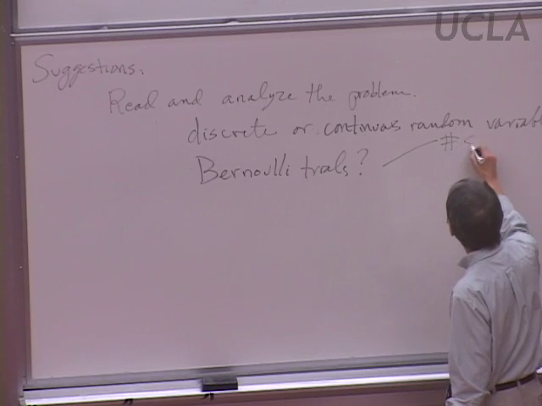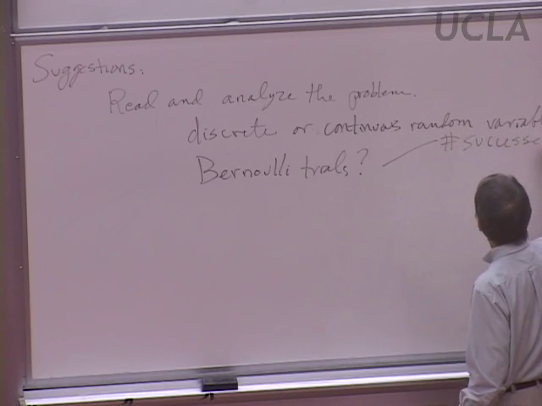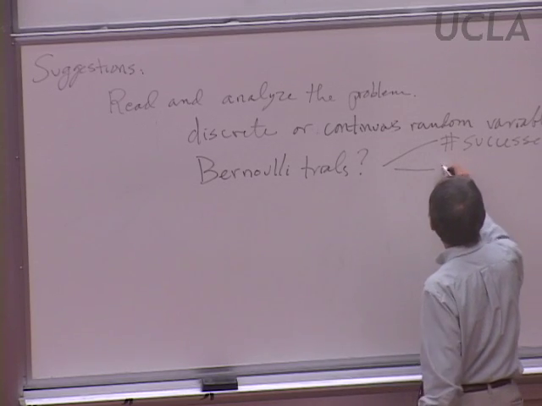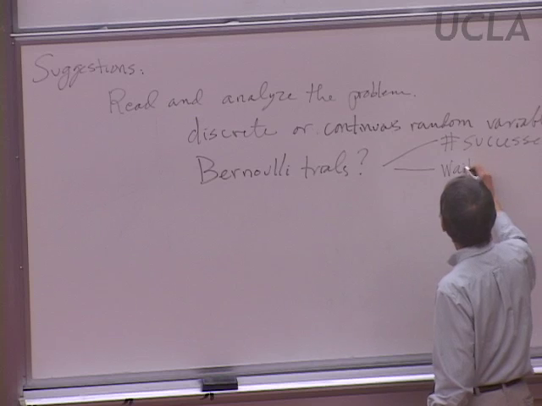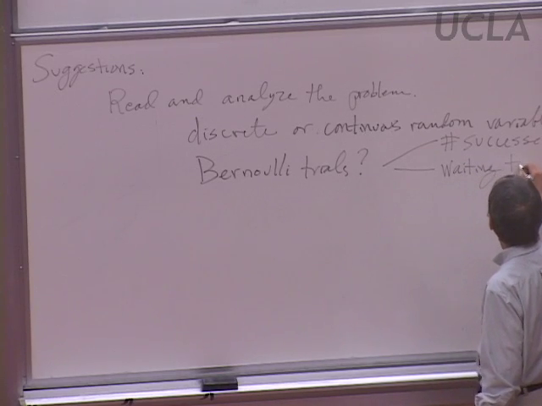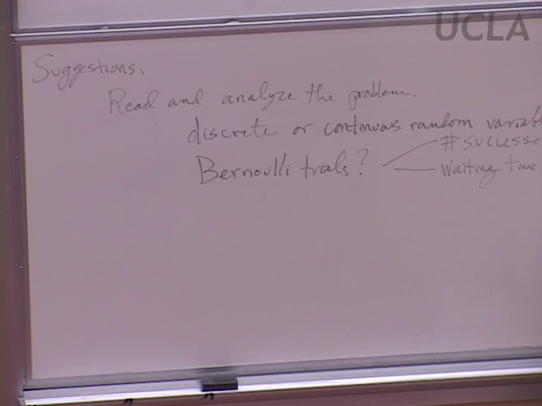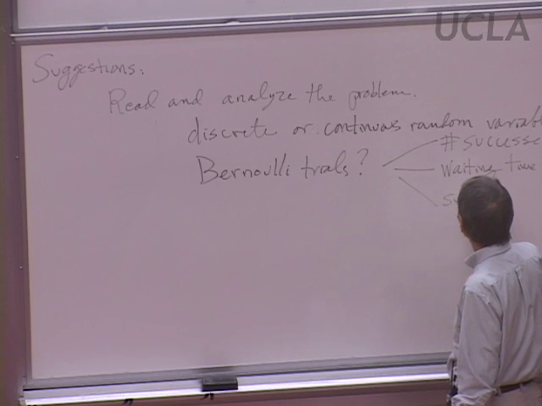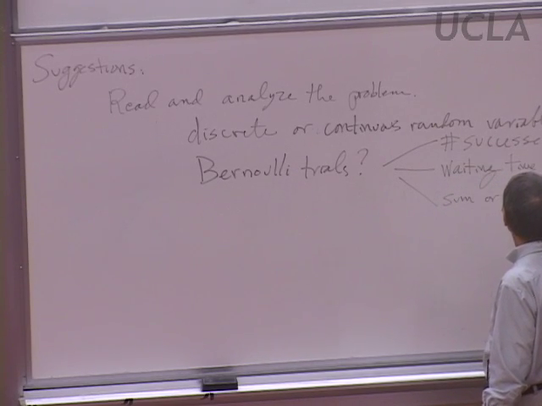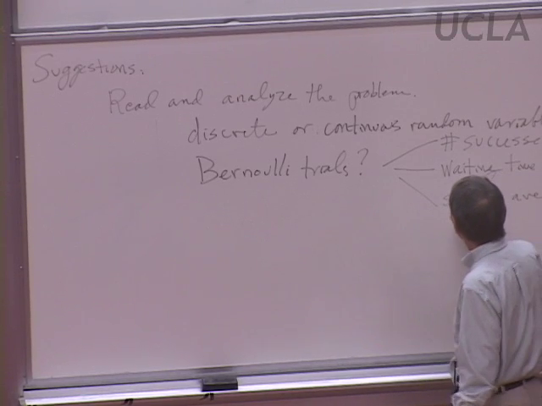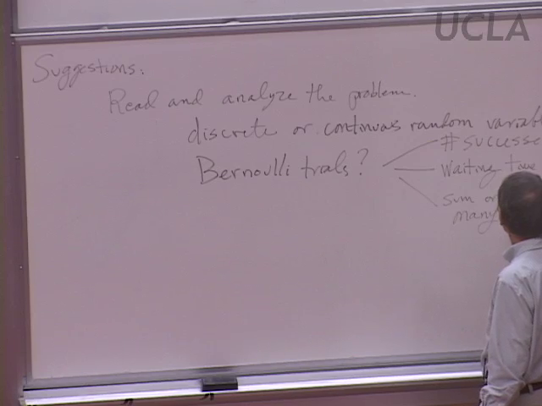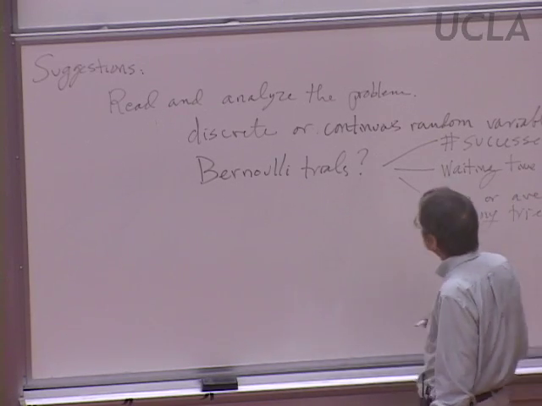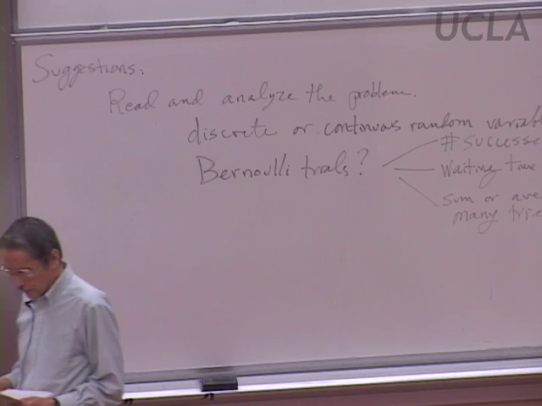Are we talking about the number of successes? Are we talking about the number of trials, the waiting time for the first success? Or even for a second success? Is it talking perhaps about the sum or the average of some large number of trials? In which case we might want to bring in the central limit theorem.